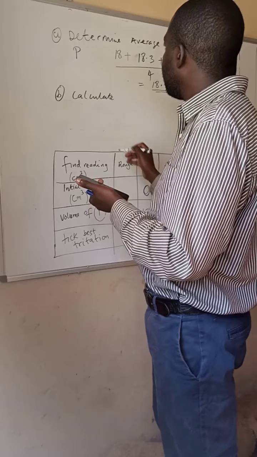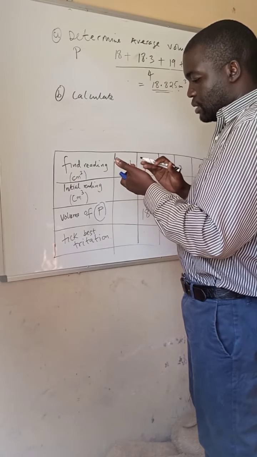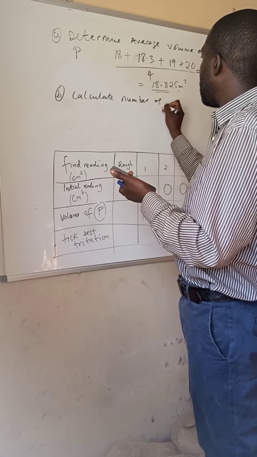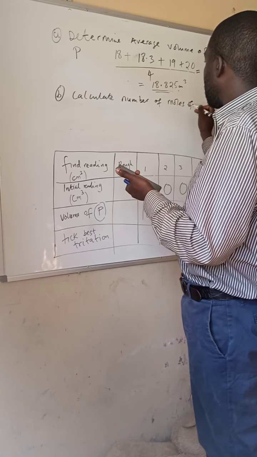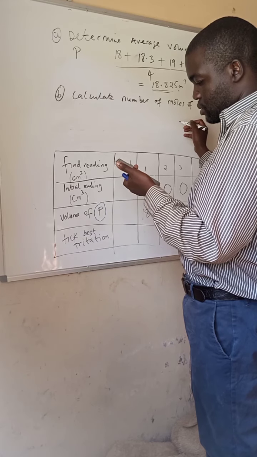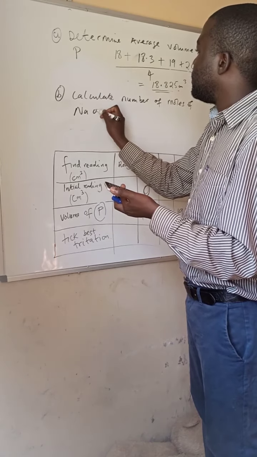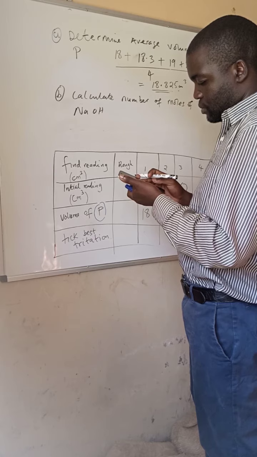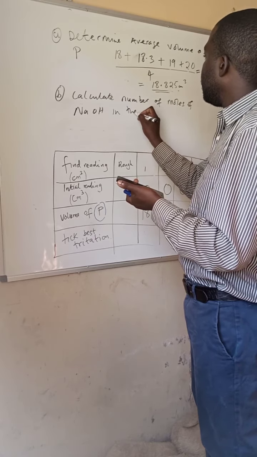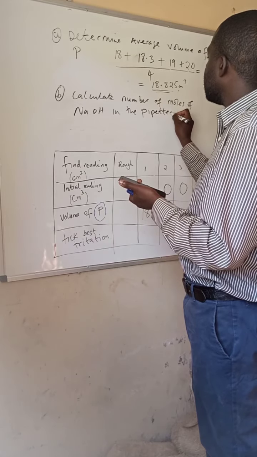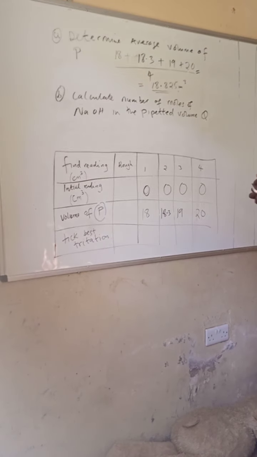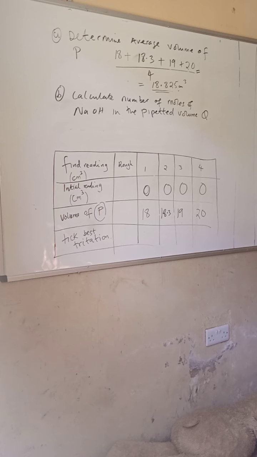Question B is saying, calculate the number of moles of sodium hydroxide in the pipetted volume Q. You remember I said Q is a base.